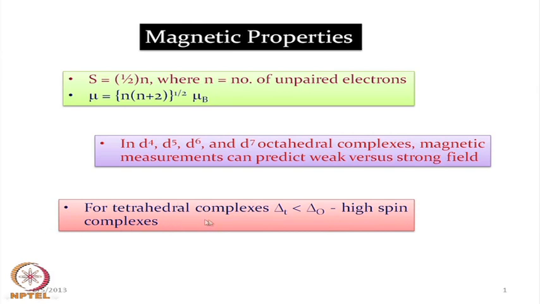But in case of tetrahedral complexes, where delta tetrahedral is less than delta octahedral, we only get high spin complexes. For a typical distribution of these unpaired electrons in the different levels, we will find only the high spin configuration, since delta T is very much less, only 4/9 of delta octahedral.